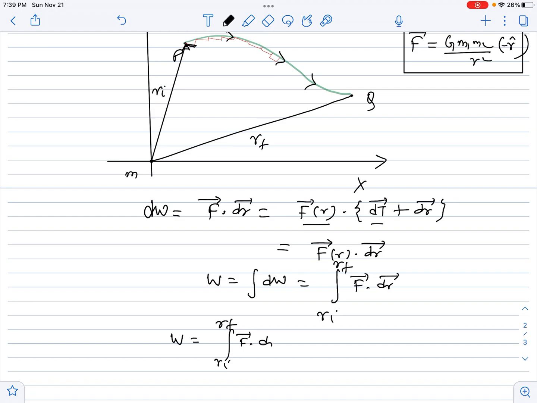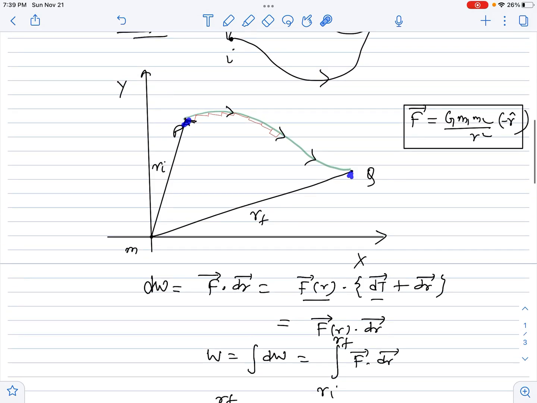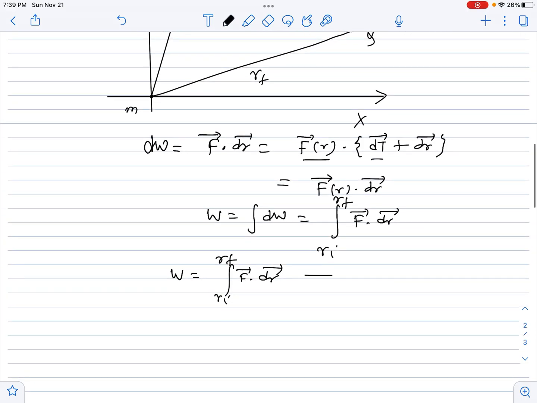So the work done by the gravitational force is the integral from ri to rf of F dot dr. We can conclude that this work done depends only on the initial and final positions. Whatever path you select, the radial displacement is the same, so the work done is independent of path.